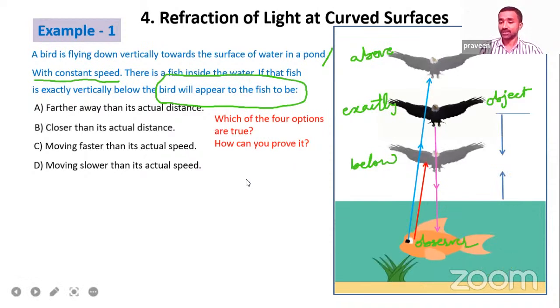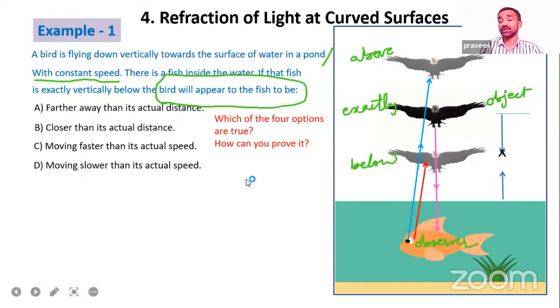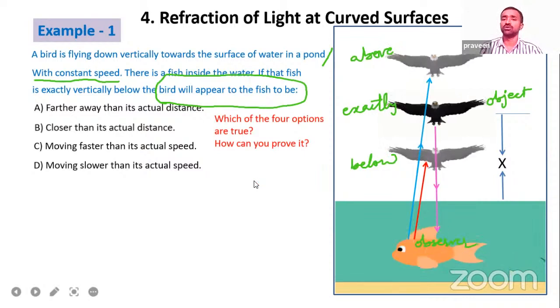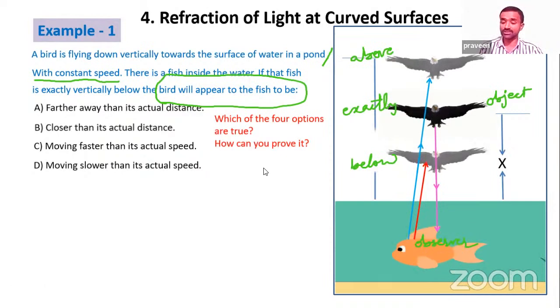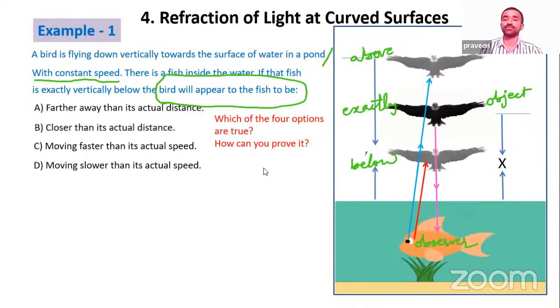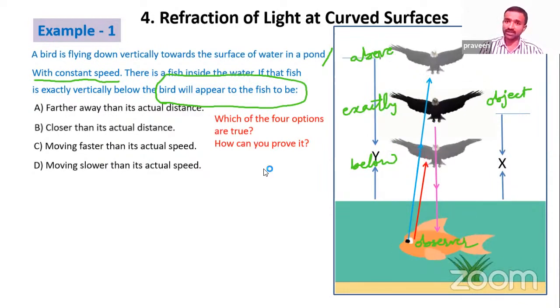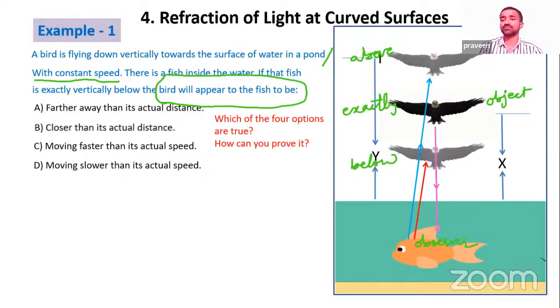Next, if the object is observed farther than that, let me take that distance as an unknown y. If it is observed below, for that also I will take the distance y.